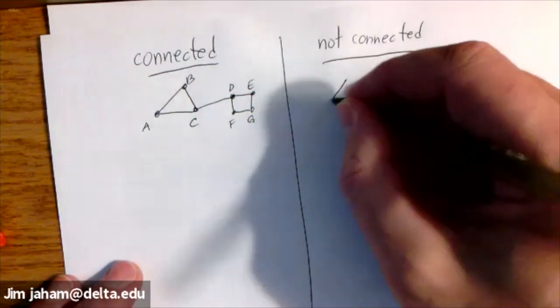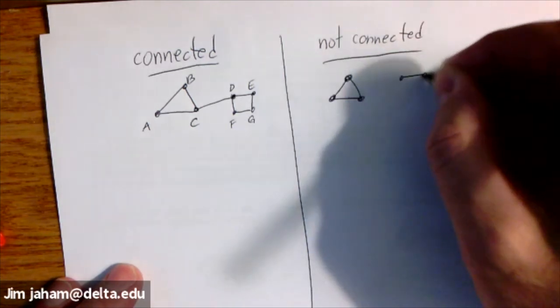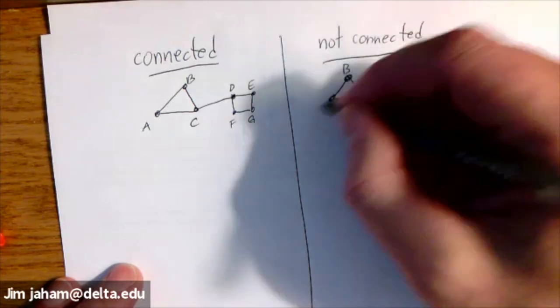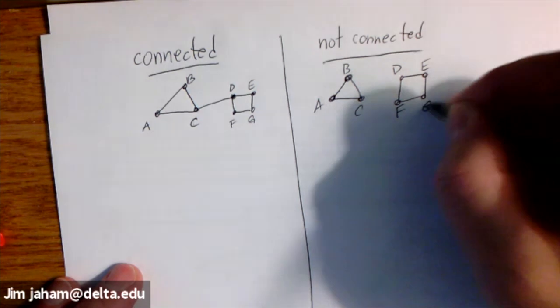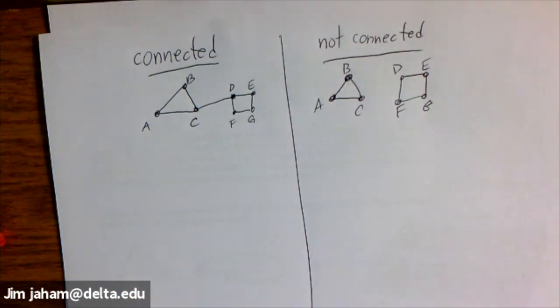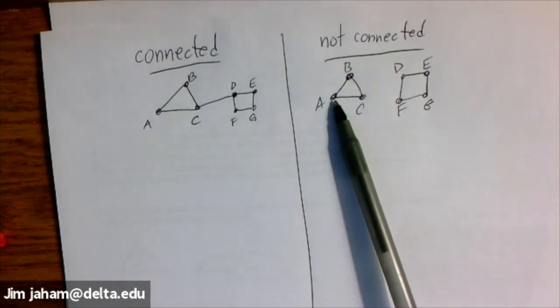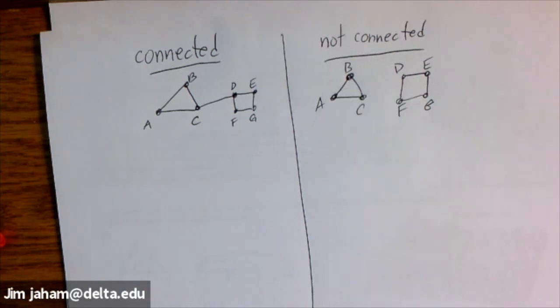Not connected would be something like this. We still have 7 vertices, but we have one fewer edge. There's no way to get from A to D. There's no path from A to D. There's no path from C to B or C to F because these two parts of the graph are not connected.